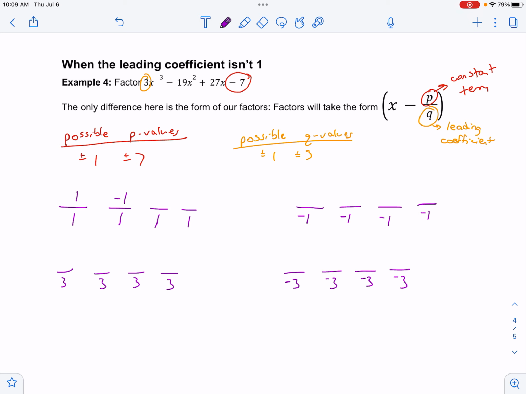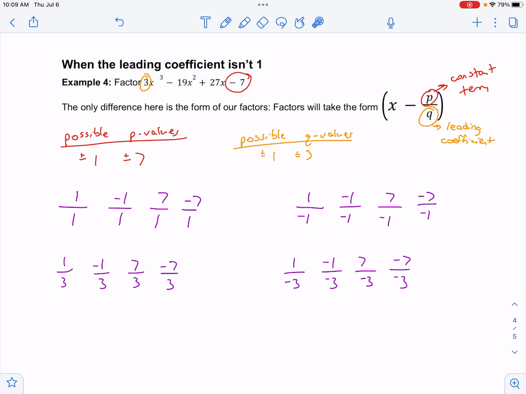I knew there were 4 options for each denominator because I had 2 possible p-values and they were both plus minus. I knew that there were 4 denominators because I had 2 possible q values, 1 plus, 1 minus.